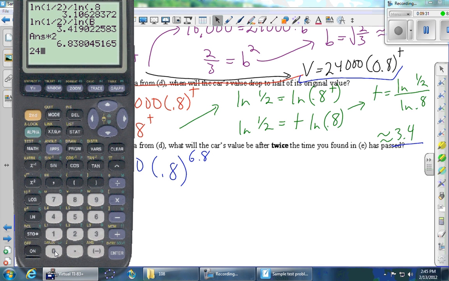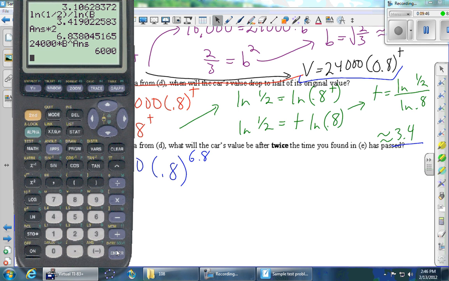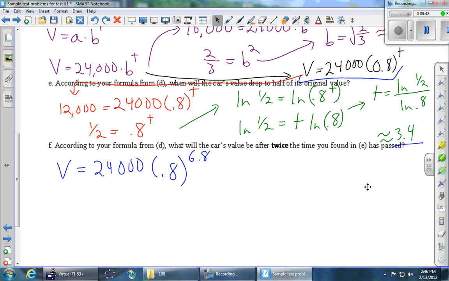So 24,000 times, I'm not going to type 0.8, I'm going to do B, raised to the, but I'm not going to type 6.8, I'm going to do second answer, which refers to the previous line. So we do second answer. And 6,000 is the answer. And you saw on the calculator it was exactly 6,000.